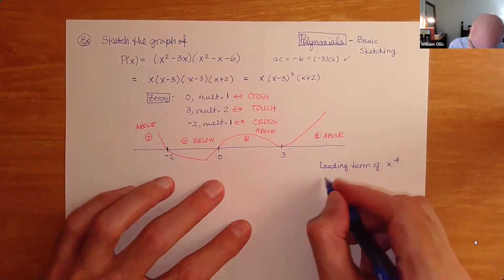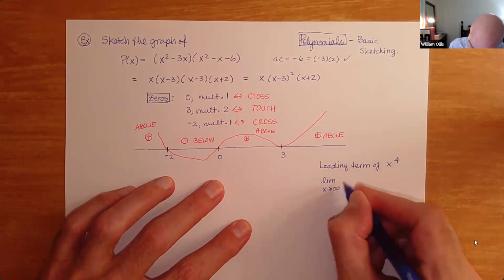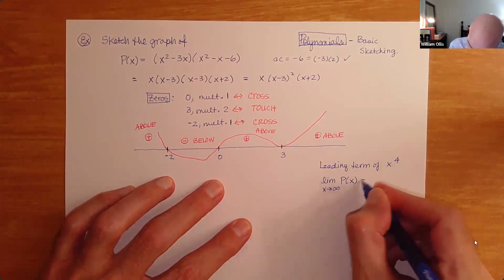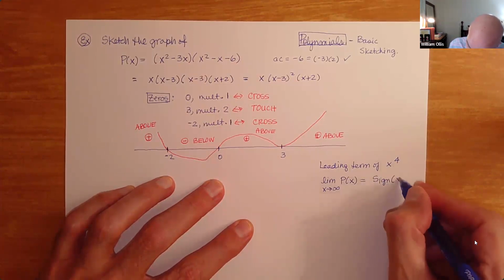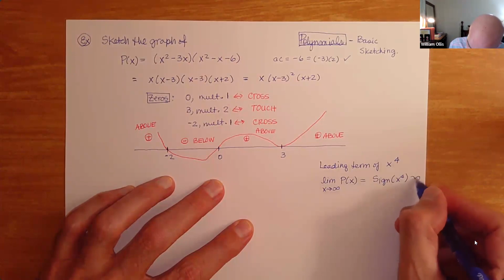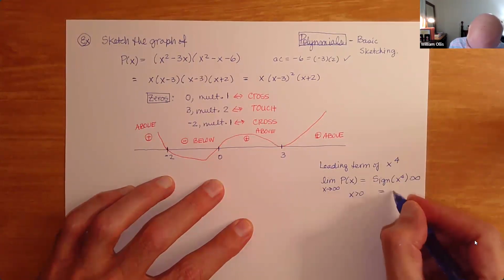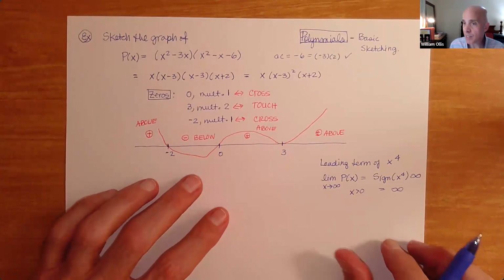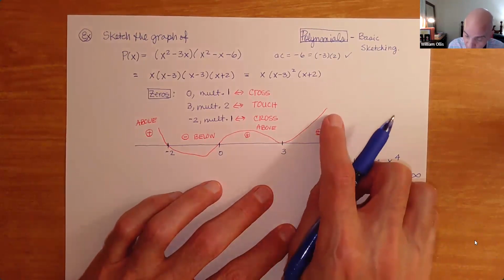So if we did the limit as x approaches infinity of our polynomial, that will just be the sign of x to the fourth attached to infinity. And of course, x is positive. So this gives us positive infinity, since x to the fourth would give us a positive number. Again, we see that to be the case right here.